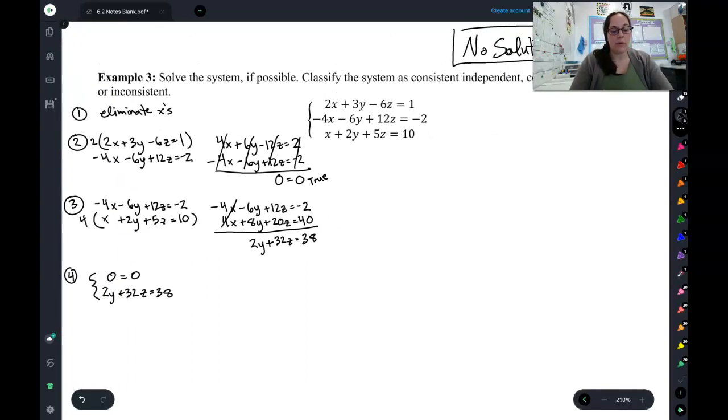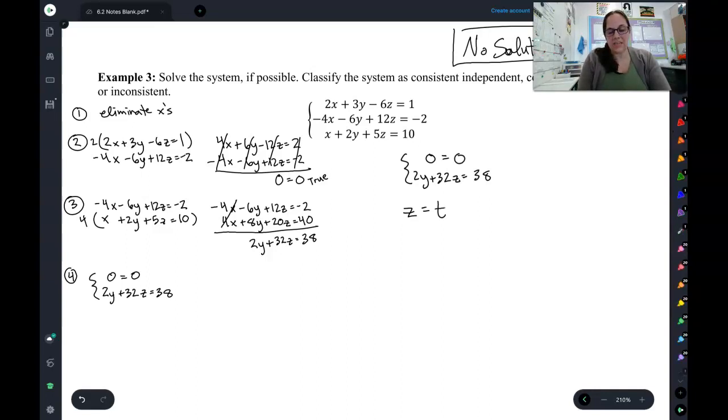If you remember from 6.1, there's a specific process we do when we have infinitely many solutions. That process begins by taking the last letter alphabetically, so in this case Z, and saying Z equals T. And that's our first answer.